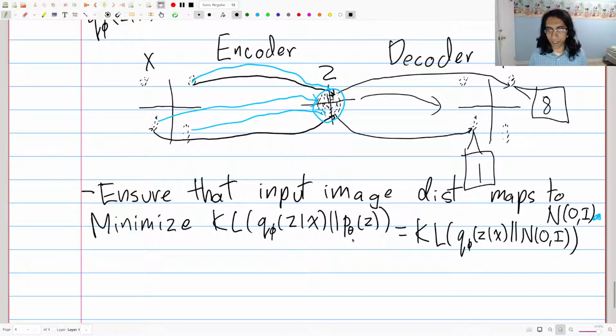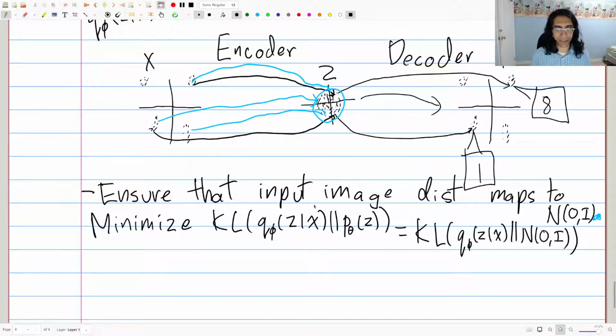Now, what is the other term here? The other term is the distribution of z, the latent vector, when x is sampled from the distribution of images. So when x is coming from the original distribution D, this is the distribution that we're trying to make approximately Gaussian.